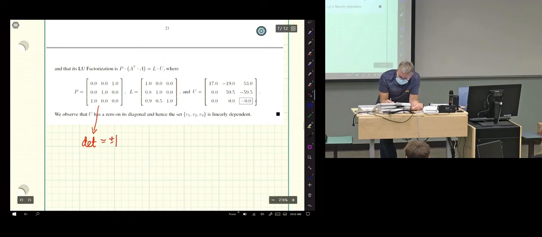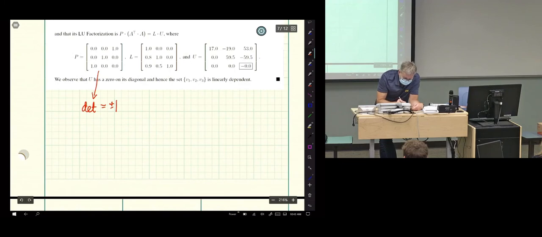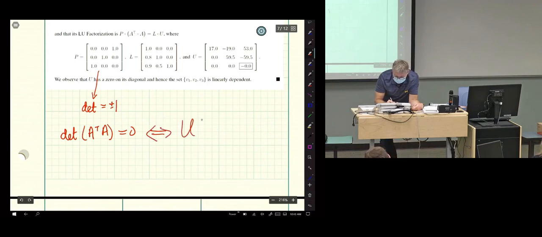So we simply look on its diagonal, and I've boxed in where the 0 is. Okay? So the determinant of A transpose A is equal to 0 if and only if U has a 0 on its diagonal.